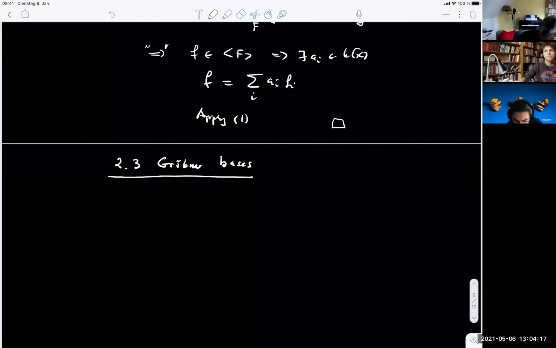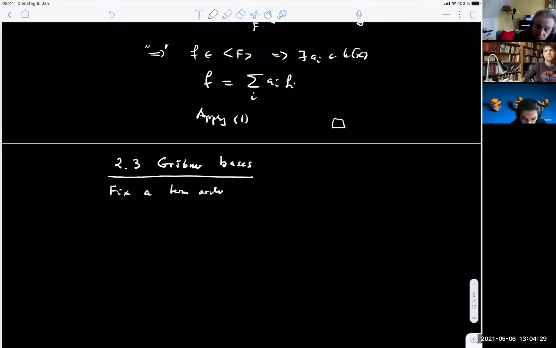Okay, so we fix a term order on our terms. And I'm going to give a definition. Let I be an ideal in my polynomial ring.